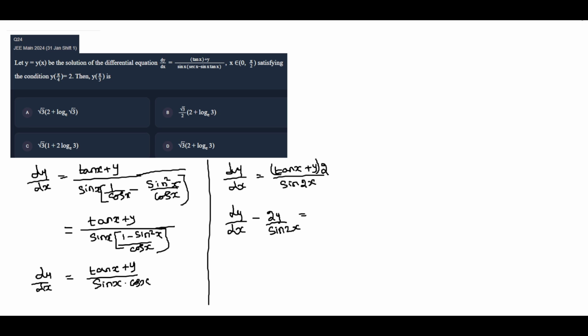Tan will be sin x by cos x into sin 2x, which is 2 sin x cos x, so sin x cancels, so we will get 1 by 2 secant square x.